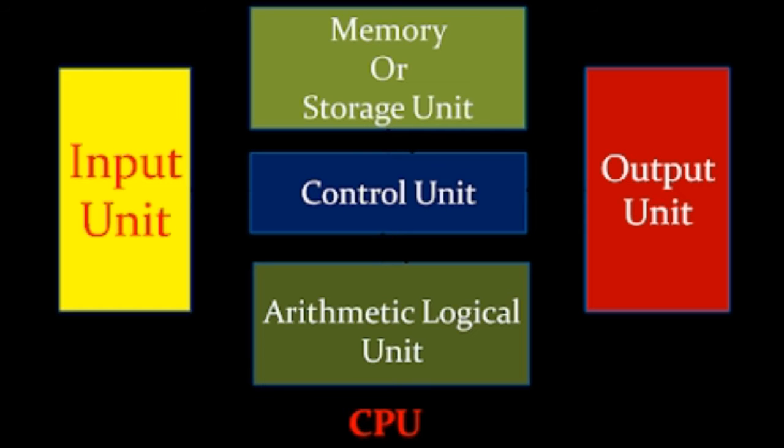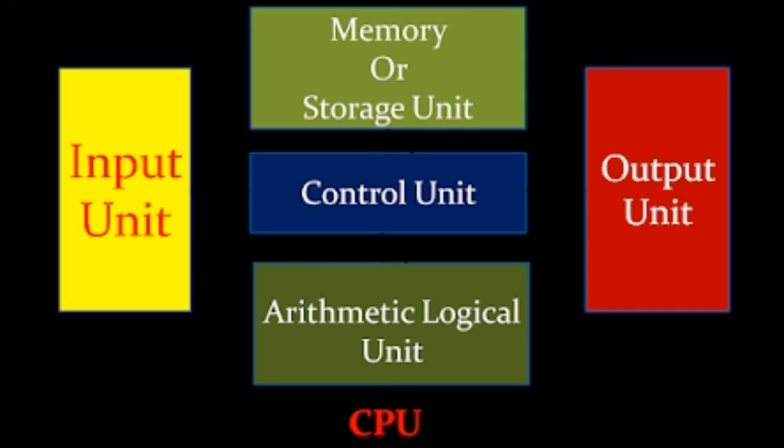The memory unit is considered to be of two types: primary memory and secondary memory. Primary memory cannot store a vast amount of data. The data stored in the primary memory is temporary. Data will be lost if it is disconnected from the power supply, which is called volatile memory.